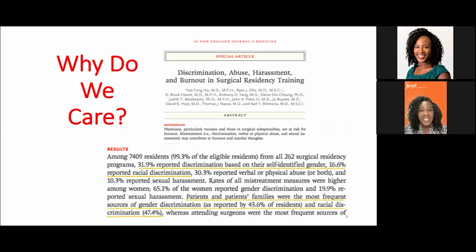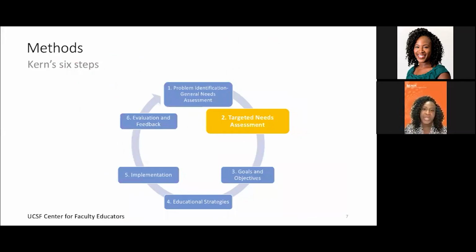Furthermore, patients and patients' families were the most frequent sources of gender and racial discrimination. That begs the question of the need for skill acquisition around unconscious bias and allyship, how to be an ally, as well as tools to address microaggressions, and then further advanced forms to mitigate unconscious bias.